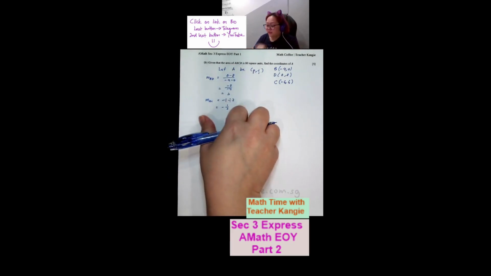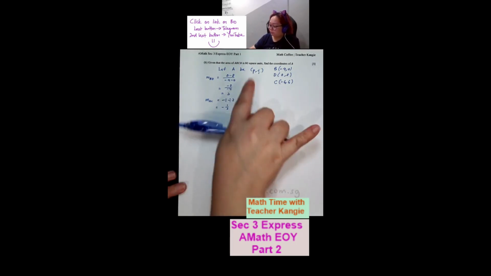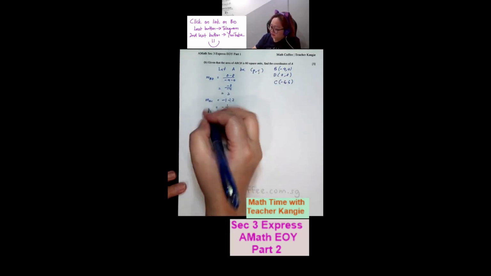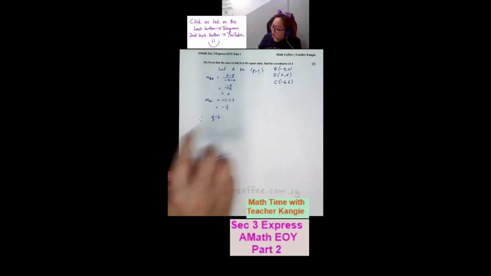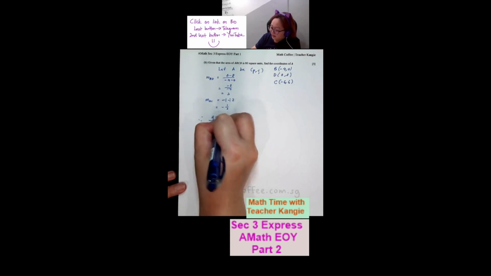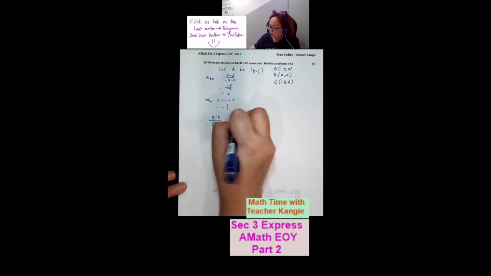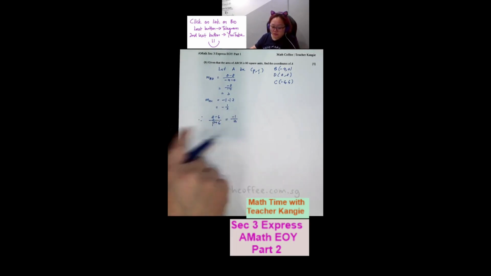Now we can form the first equation. Find gradient AC in terms of P and Q. So look here, Q minus 6 over P plus 6 is equals to negative 1 over 2. So with this, cross multiply.